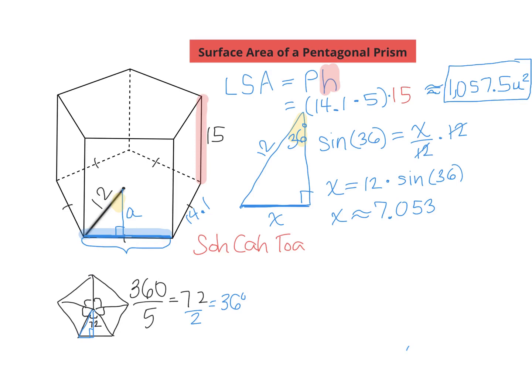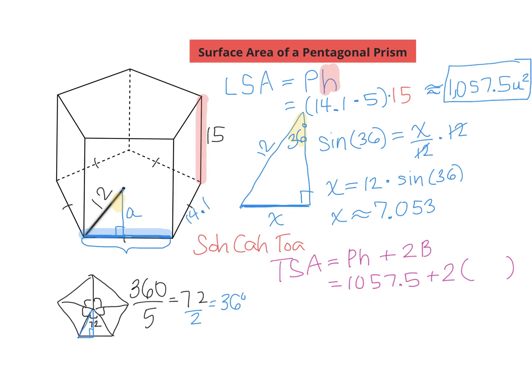Now let's go ahead and calculate the total surface area. So what I'll do is I'll calculate the total surface area in a different color. So total surface area is going to be my lateral surface area plus 2 times the area of the base. I already have my lateral surface area because we just calculated that. And now, to solve this, we need to figure out what we're going to use for the area of the base.